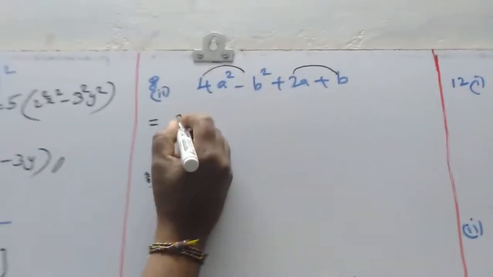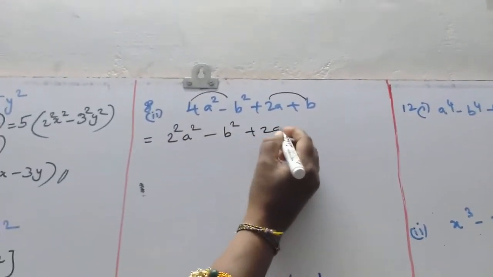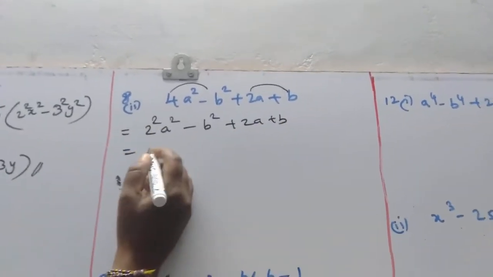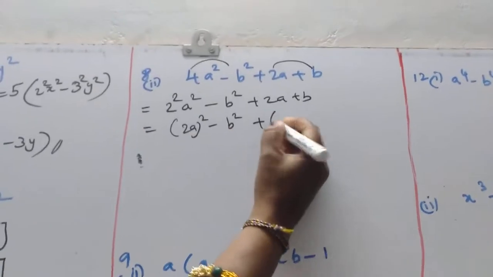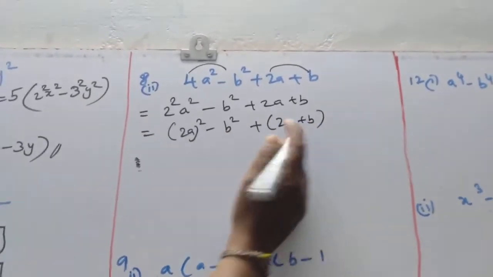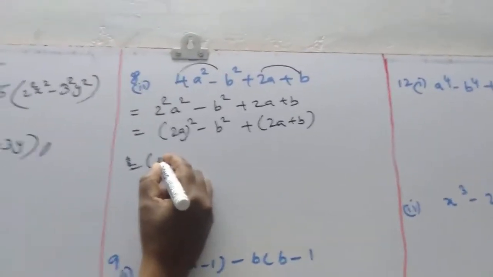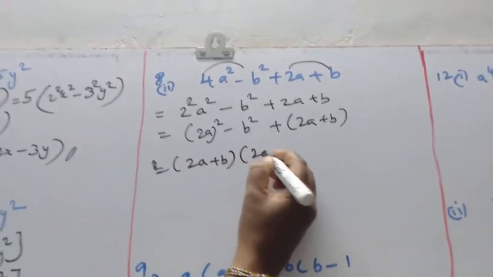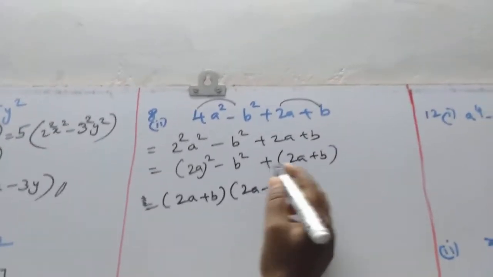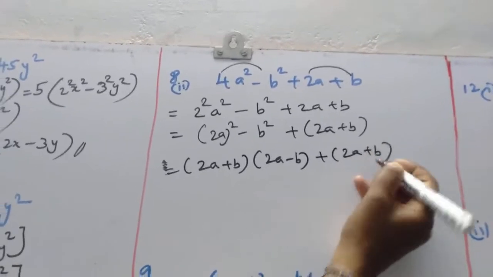Here this is the square of 2, so we write 2 square a square minus b square plus 2a plus b, and this can be written as (2a) the whole square minus b square plus, in a separate bracket, 2a plus b. Here this is in the form a square minus b square, which can be expanded as (2a plus b) into (2a minus b), then plus (2a plus b), right?